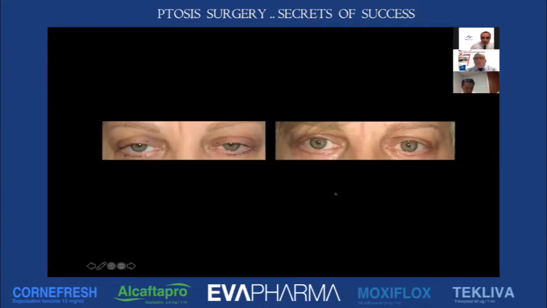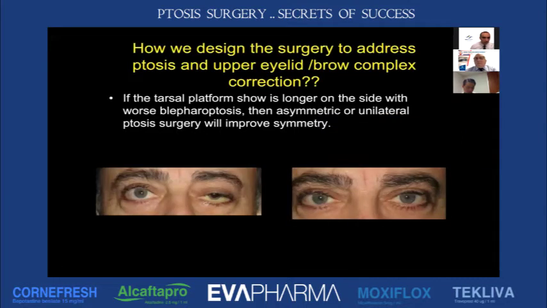This patient had a bilateral ptosis correction through an anterior approach aponeurosis advancement with good symmetry and symmetric tarsal platform show.